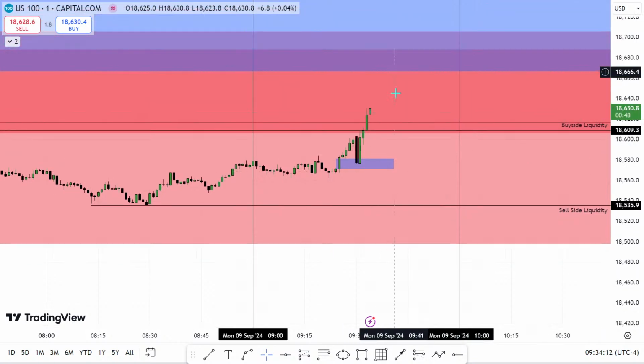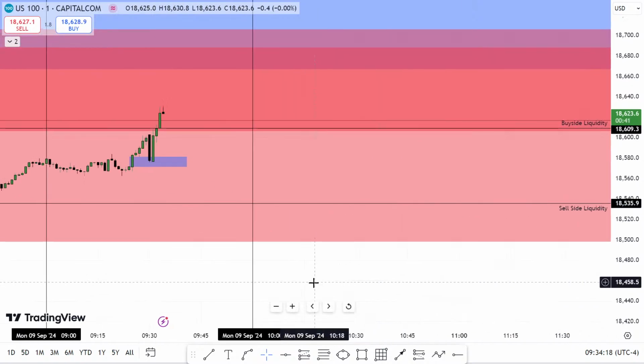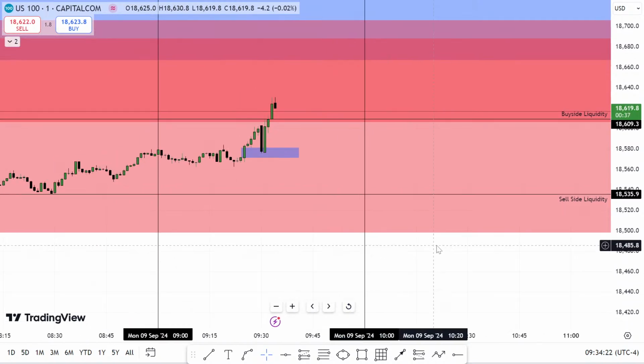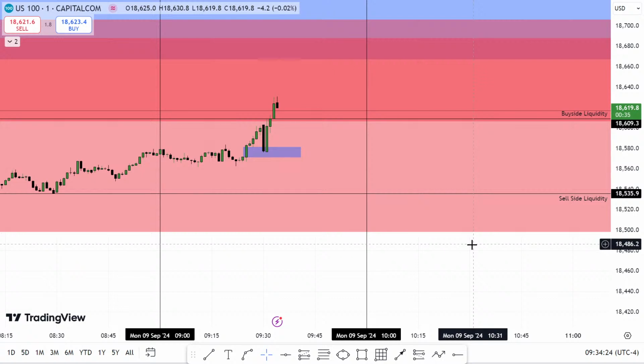So you see, we're trading in the 1 hour bearish fair value gap currently. So let's see if we'll get a rejection from there to the downside.